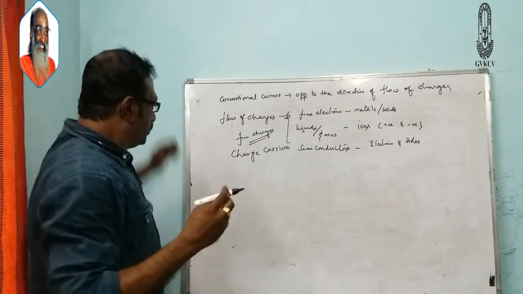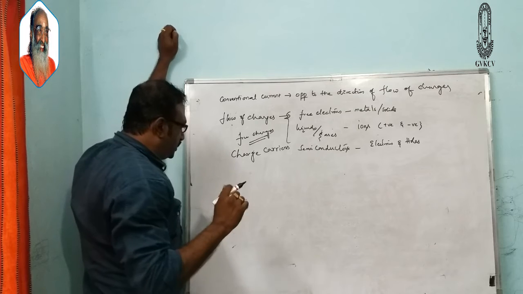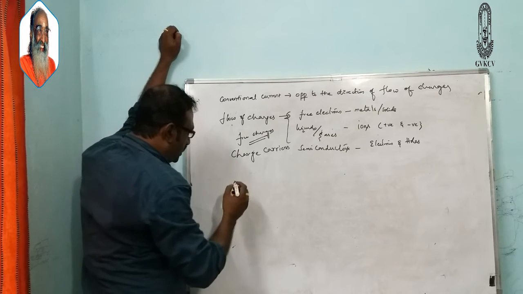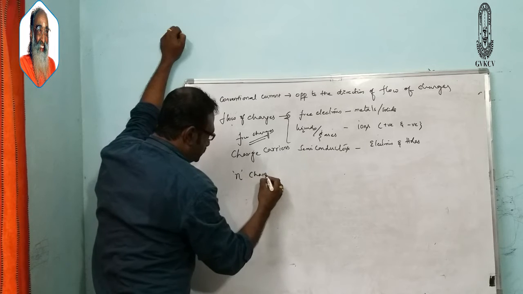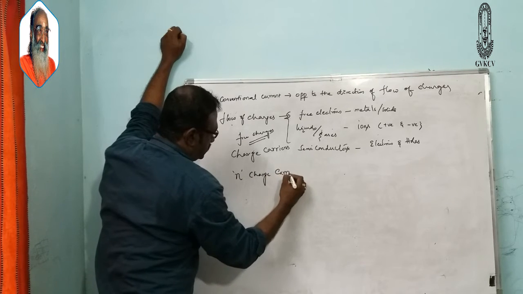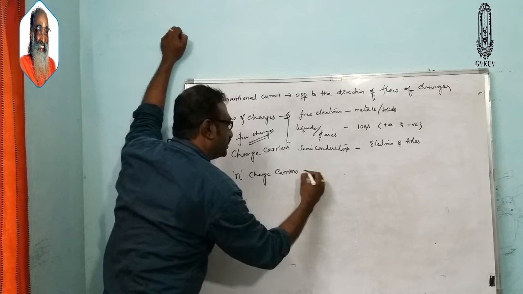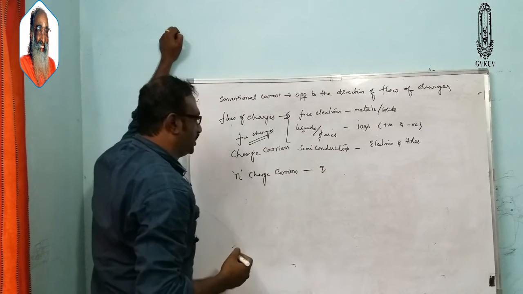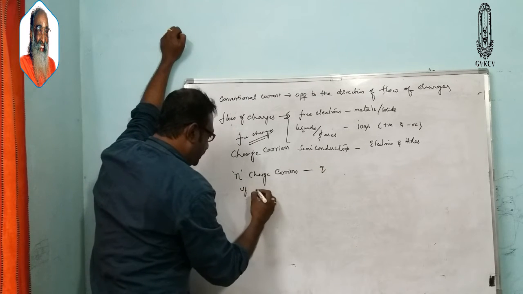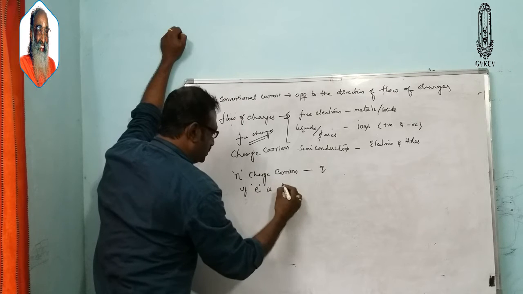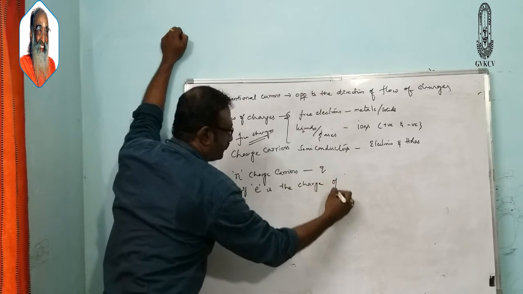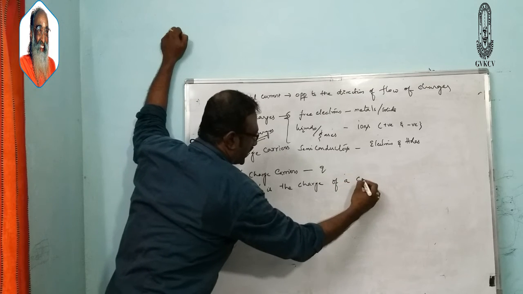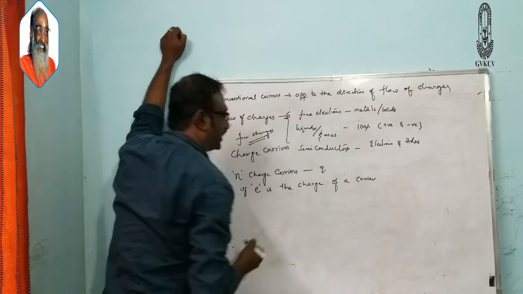Okay. So after understanding this, suppose there are n number of charge carriers with charge Q, and if e is the charge of a single carrier.